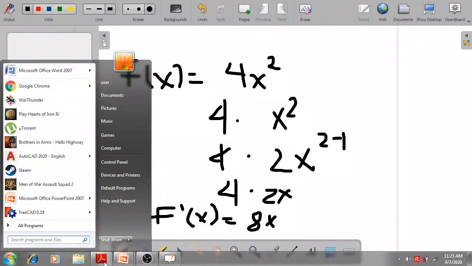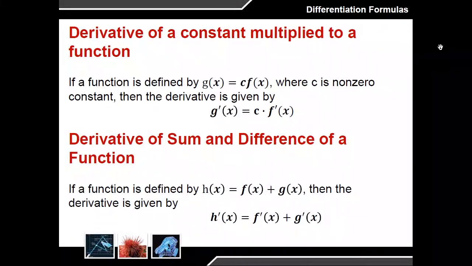Now moving on. Derivative of sum and difference of a function. If a function is defined by h of x is equal to f of x plus g of x, then the derivative is given by h prime of x is equal to f prime of x plus g prime of x. What this basically means, in a nutshell, is to differentiate every term by itself.